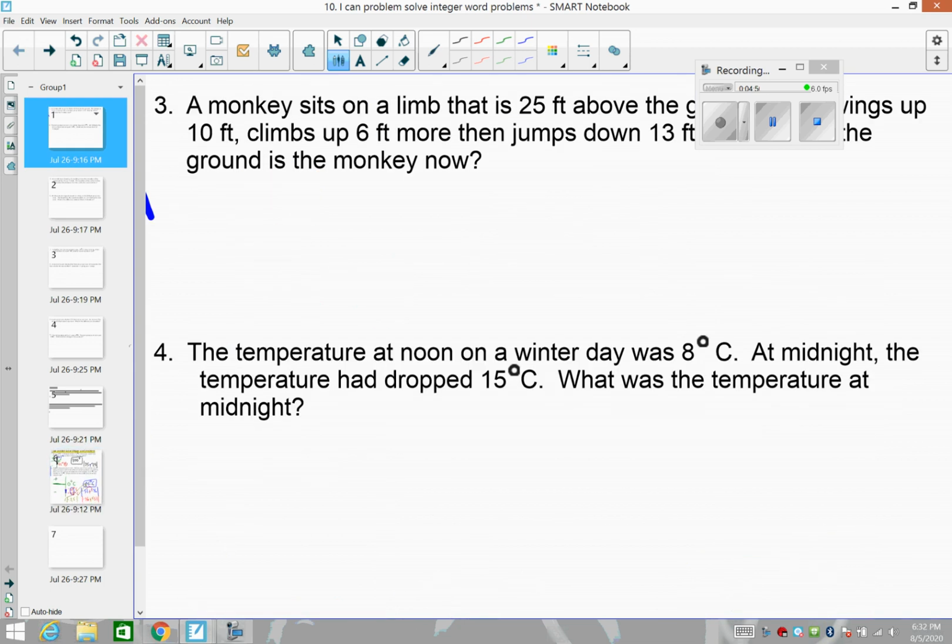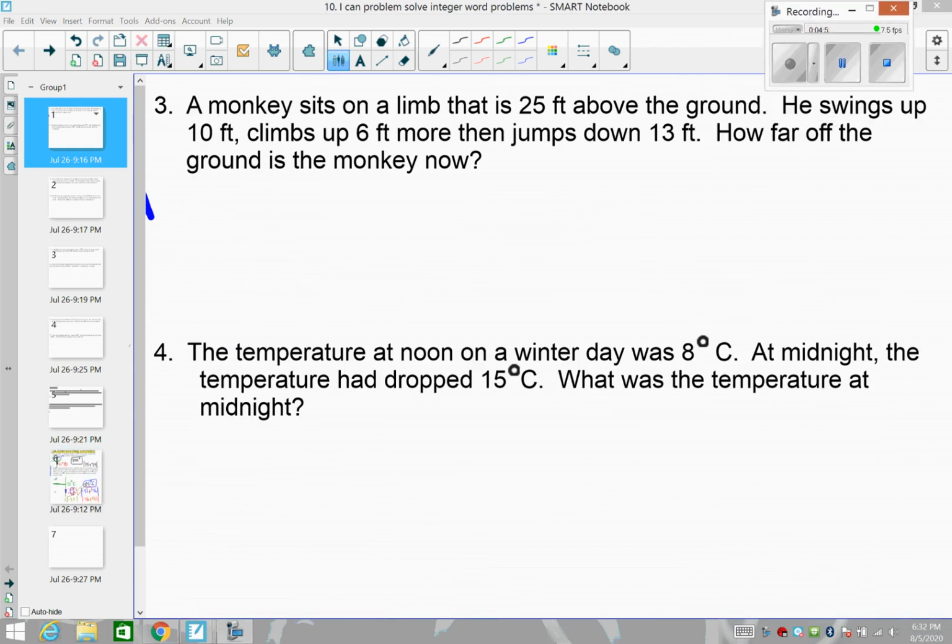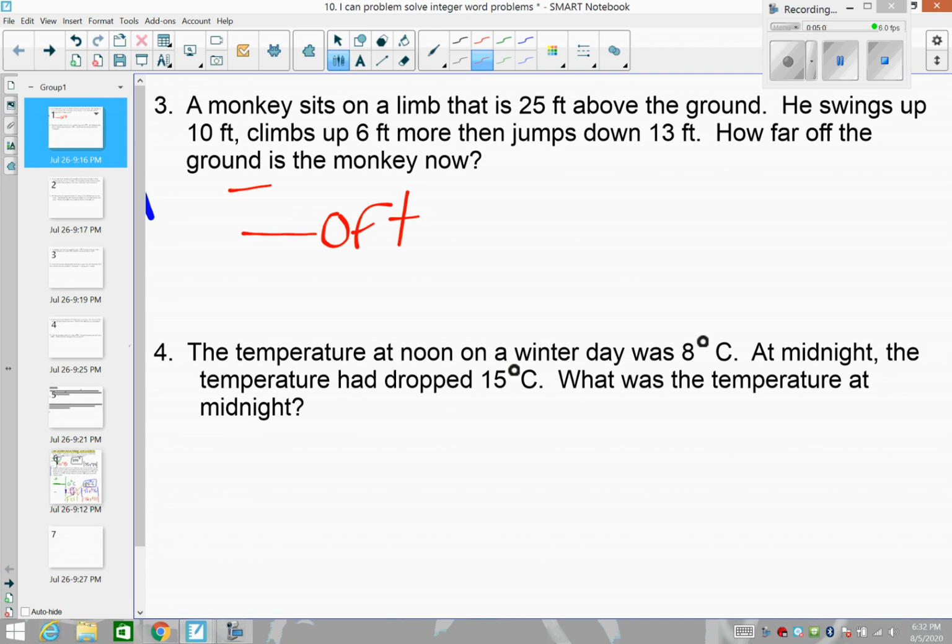So now let's take a look at this problem up here regarding a monkey. So we're just going to draw a picture essentially. A monkey sits on a limb that is 25 feet above the ground. So here's 0 feet. And here's the monkey at 25 feet above the ground.